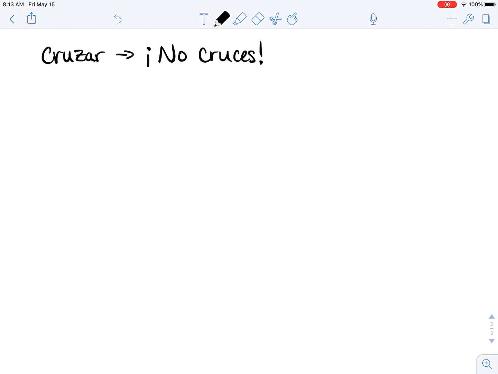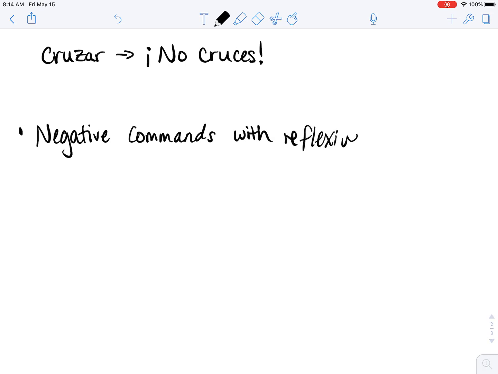Now we want to talk about our negatives with reflexive verbs. And just as before, we're going to use levantarse. And this is pretty easy.